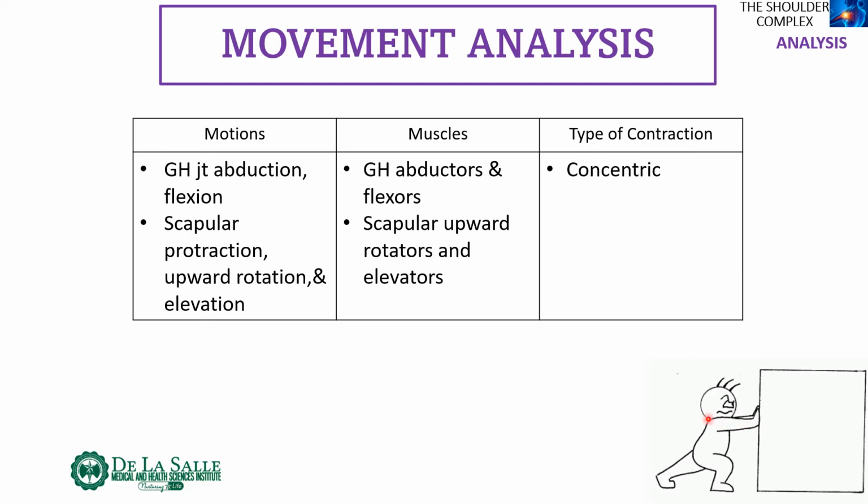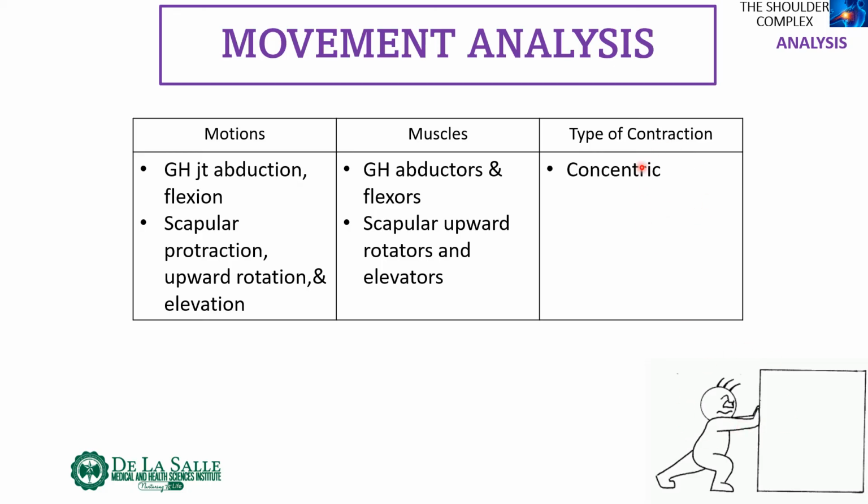For the action at the glenohumeral joint, it is your abductors and flexors that are contracting. For the abductors, we have your middle deltoid, supraspinatus, and to a lesser extent, your anterior deltoids. Then for the flexors, we have your anterior deltoids, coracobrachialis, and biceps.